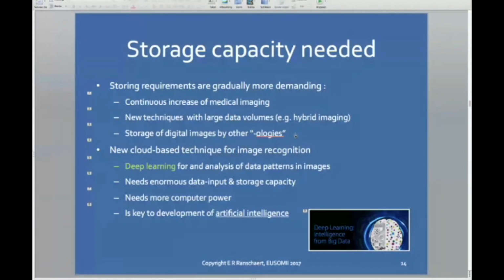So if we want to store them, we also need a lot of capacity. To make progress in deep learning software and developments, we need an enormous data input and storage capacity. We need more computer power. So this will be key to the development of artificial intelligence.